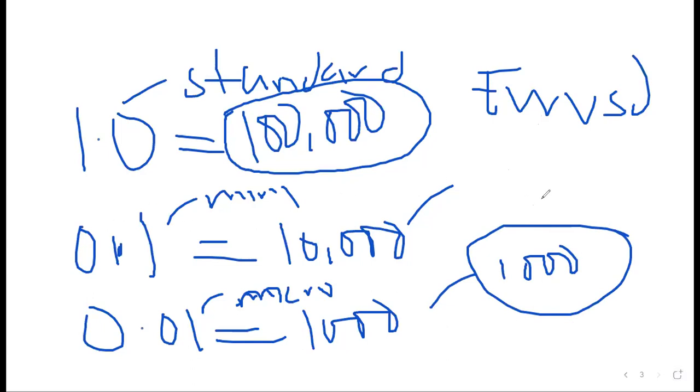Now, if you have a lot of money and you want to buy goods, you become a wholesaler. You buy in bulk. That's this one here, one standard lot. Those people who are advised to trade a standard lot are those who have good funds in their account.